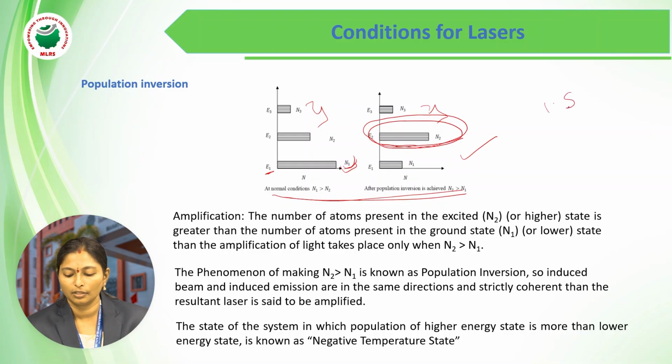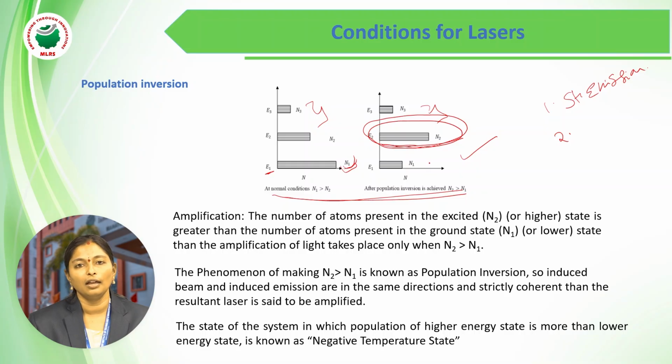Stimulated emission means we are going to get the emission of 2 photons. These 2 photons obey the 4 laser properties: directionality, monochromaticity, coherence, and intensity or brightness.